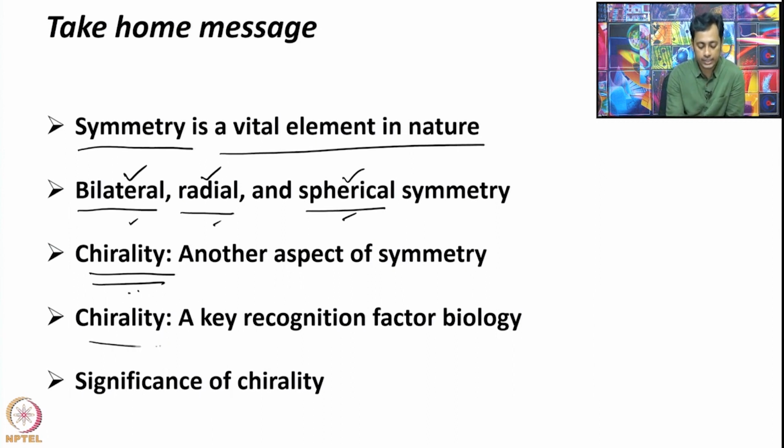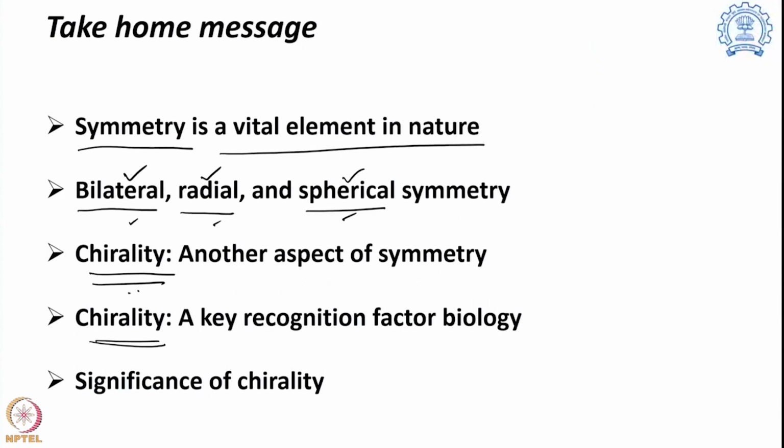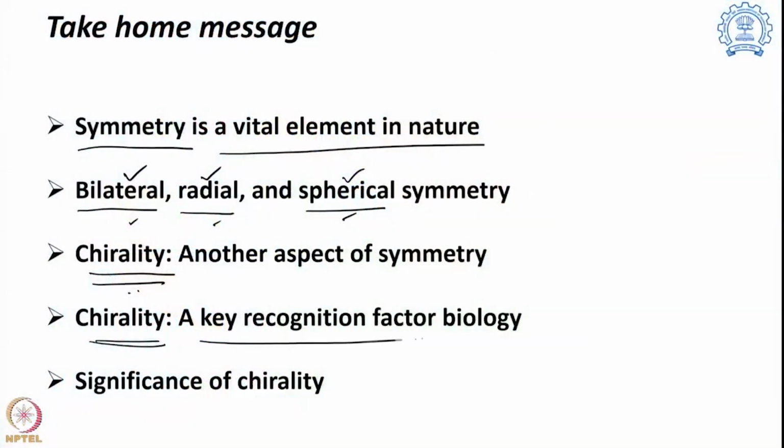And then we found this chirality is very important for biology, because most of the biological templates are made out of building blocks, the proteins, the carbohydrates, the nucleic acids, all of which contain chirality, and some of that chirality also comes from helicity. Those are a key factor for molecular recognition, and that is why we are very much interested to know about chirality.